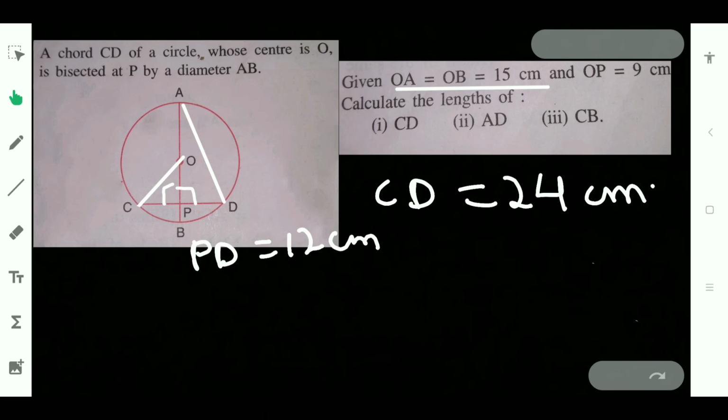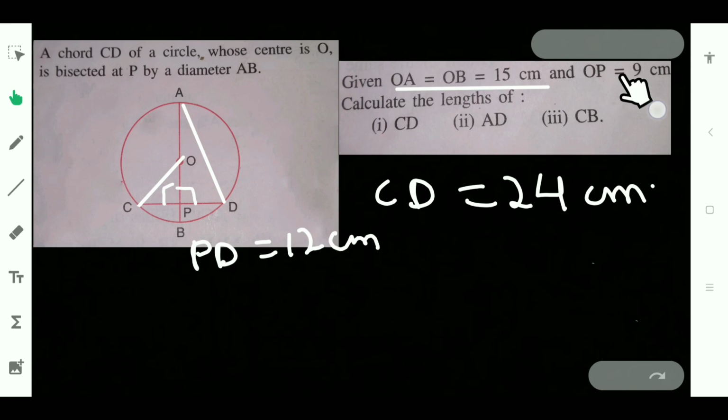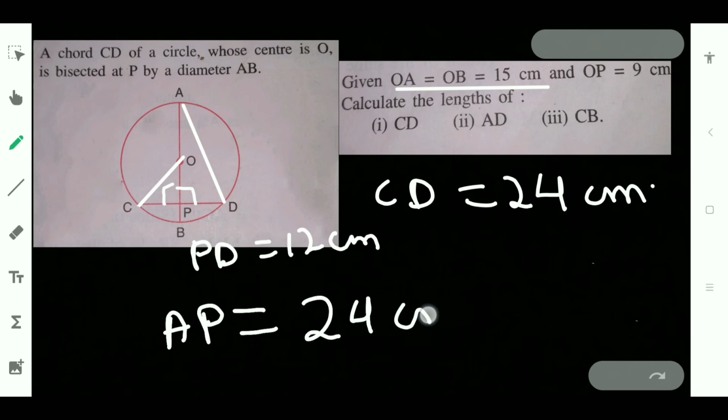AP is nothing but OP plus OA. OP is 9 centimeters and OA is 15 centimeters. So AP is equal to 15 plus 9, which is equal to 24 centimeters. So AP is also equal to 24 centimeters.